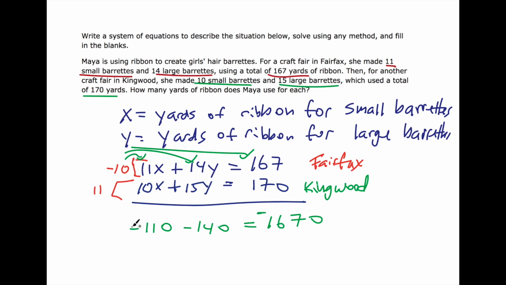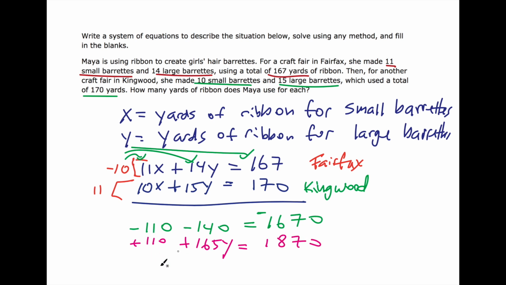So when we do that, we're going to get 11 times 10, which is positive 110. And then 11 times 15 is 165, and that's positive, so 165y, and 11 times 170, which is 1870.